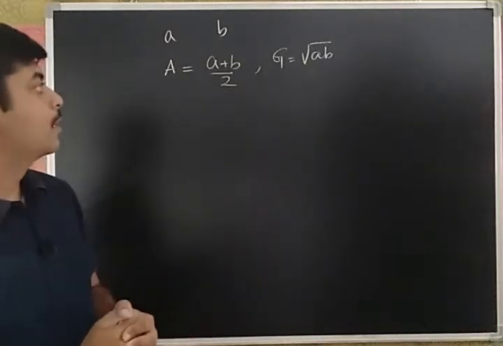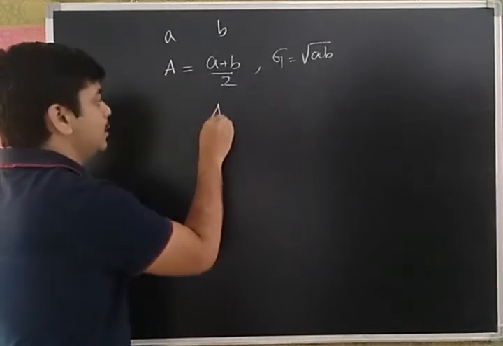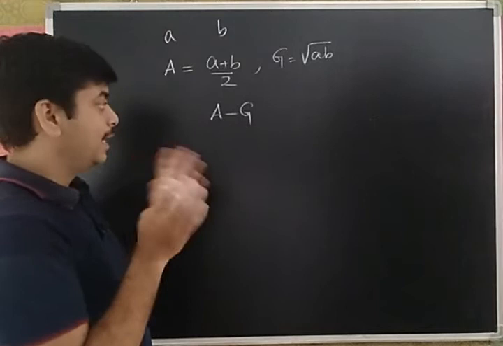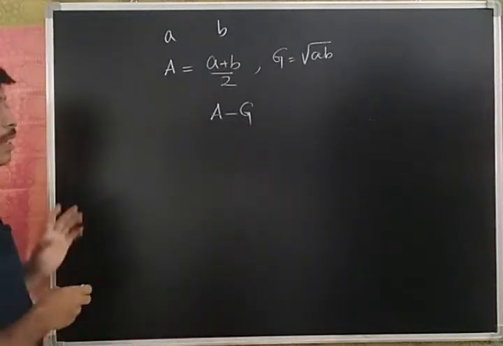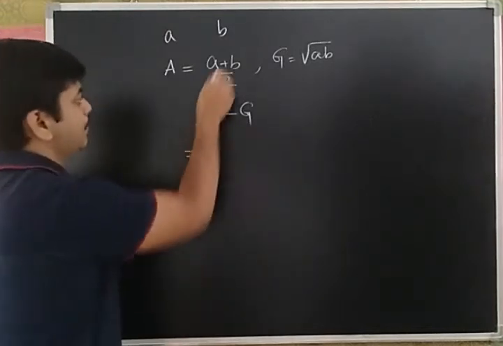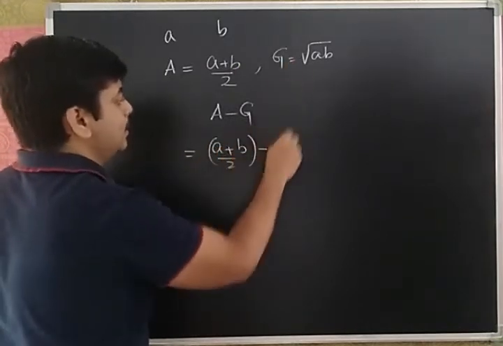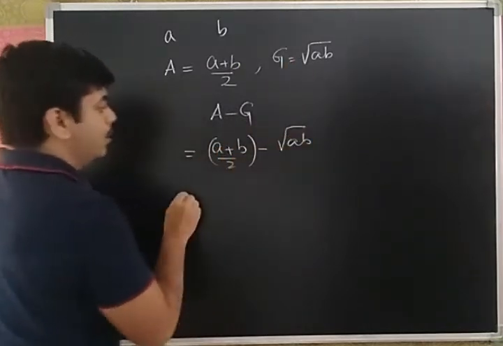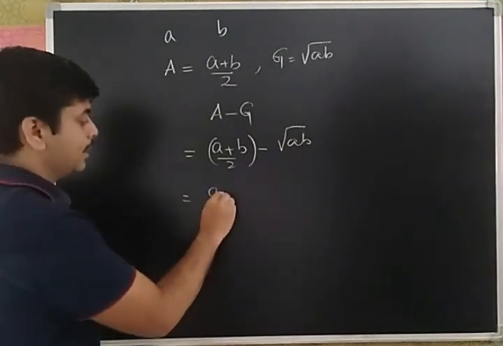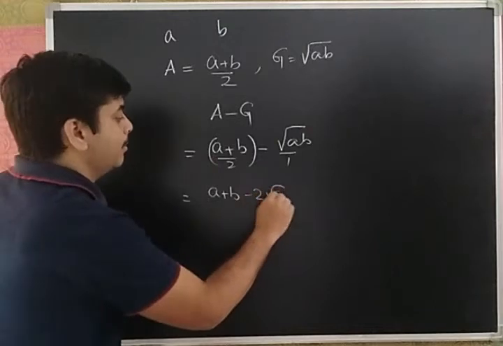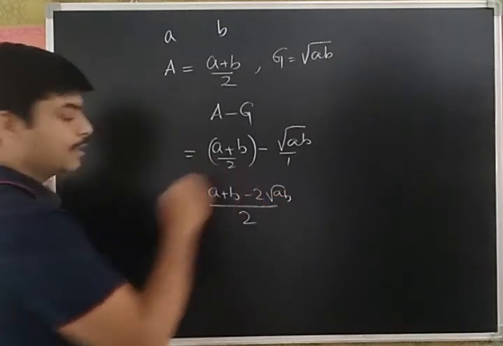What I'll do is try to find the value of A minus G, and at the end you will understand why I am starting like this. A minus G: what is A? (a plus b) by 2 minus G, what is G? That is root ab. Take the LCM: (a plus b minus 2 root ab) by 2. Correct?